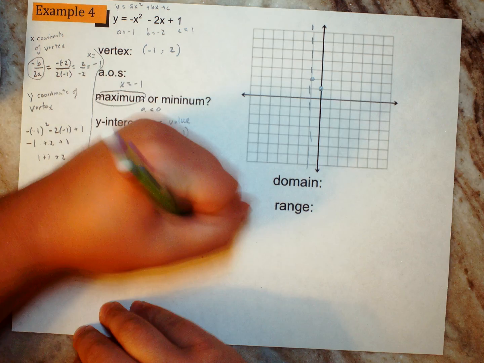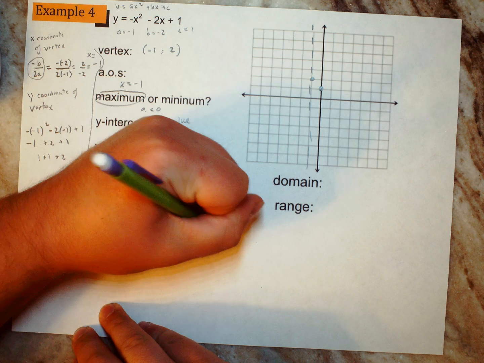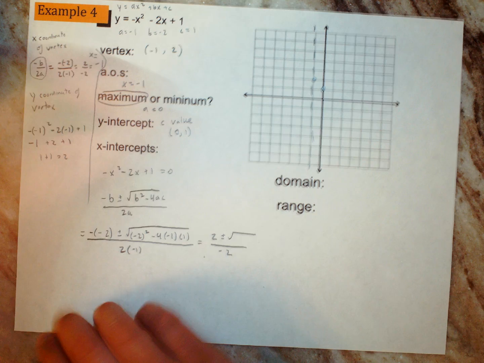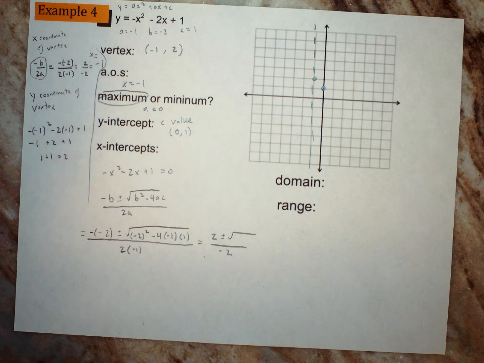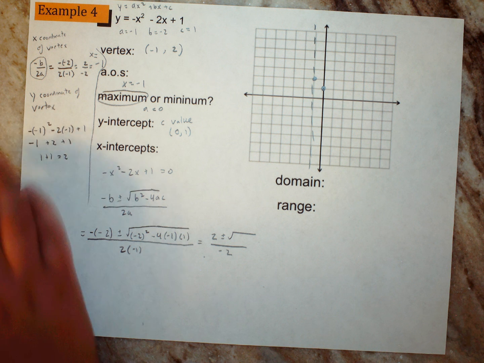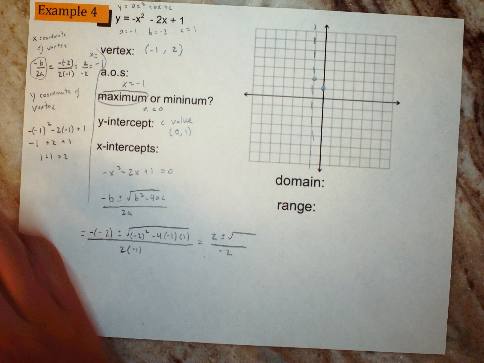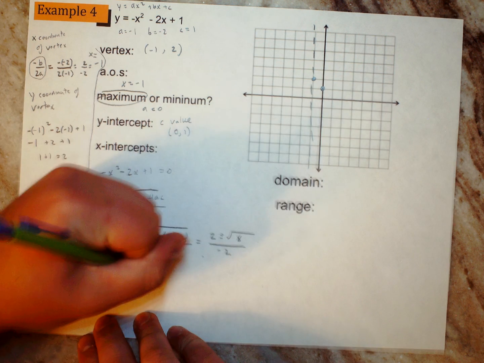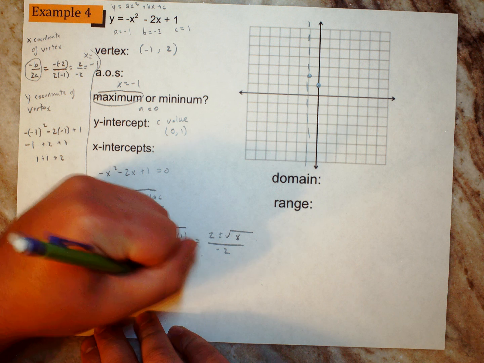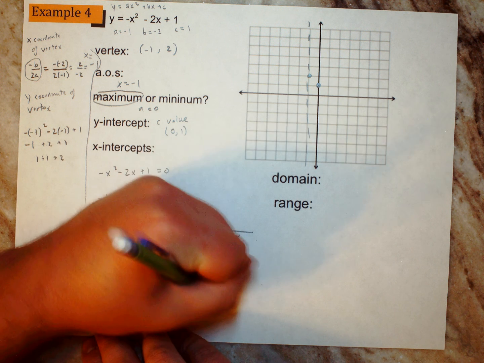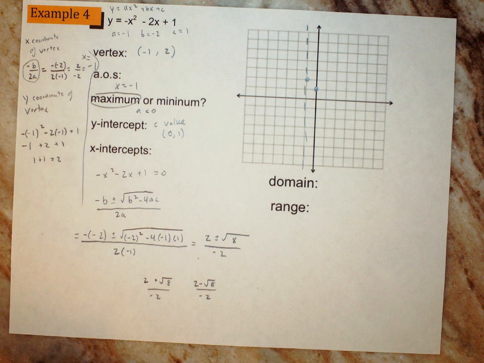So that's going to equal 2 plus or minus the square root of, let's see, I'm going to pop in the calculator here. 4 minus 4 times -1 times 1 should be 8. So your two solutions are 2 plus root 8 over -2 and 2 minus root 8 over -2. And you can throw those in the calculator.